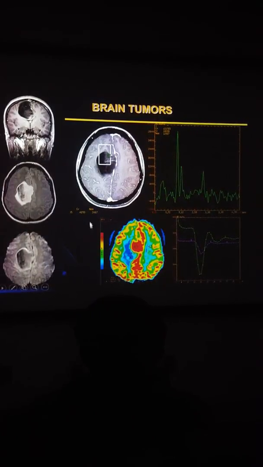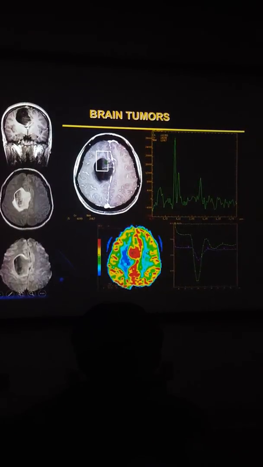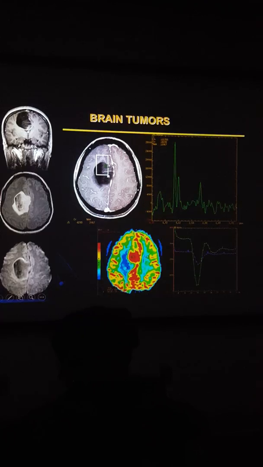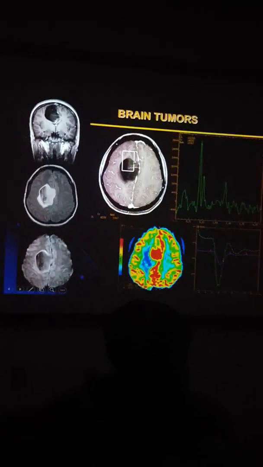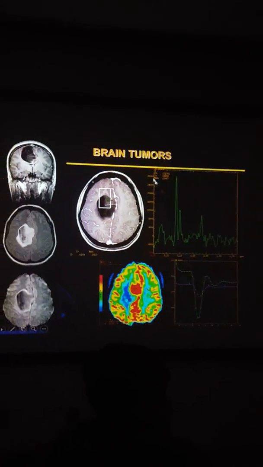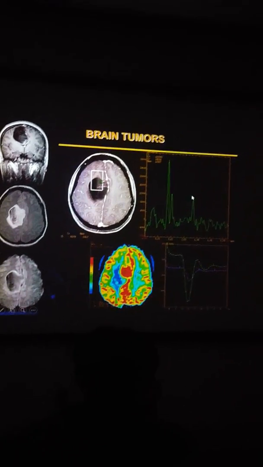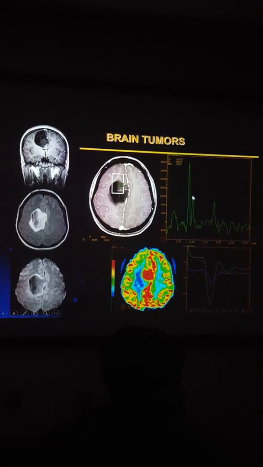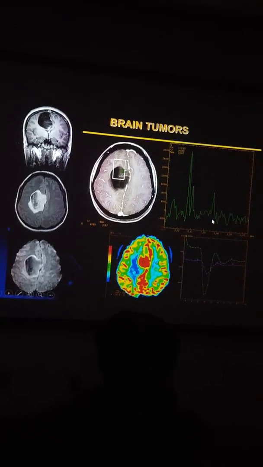So here you have a medial frontal lesion, relatively well circumscribed tumor mass. We have a multivoxel spectra, and we're looking at the spectral box number 1. What we have here, 2 parts per million N-acetyl aspartate compared to creatine, it is significantly decreased.